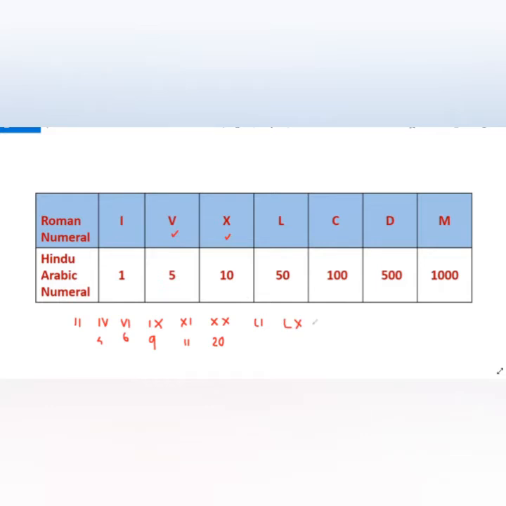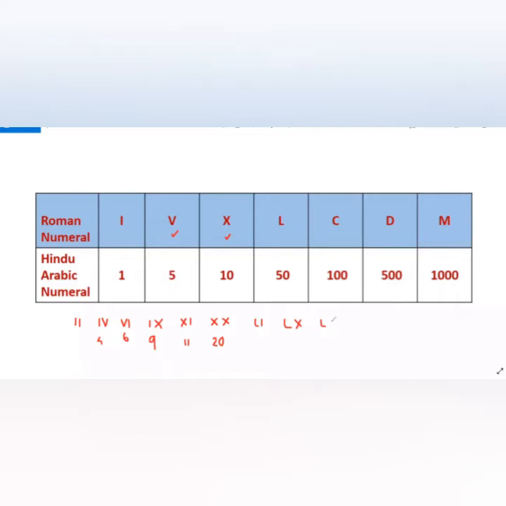Okay. How to write 62? 62, how to write? Yes, 62. 50 plus 10, 60. So LX is written. That means, sorry, L, then X is written.